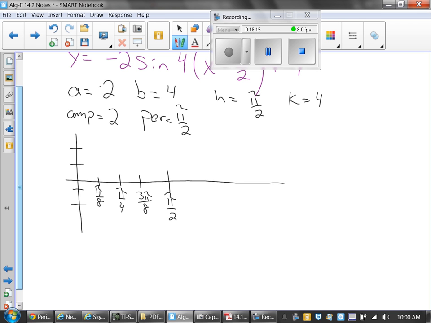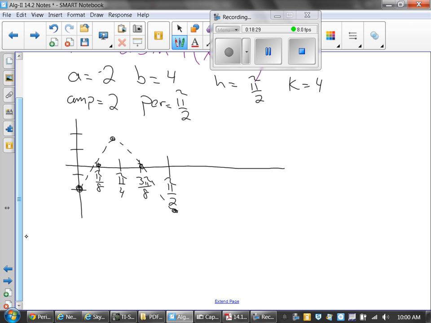Pi over 8. -2. So we have 0, -2. Wait. We started 0, 0 since the sine.